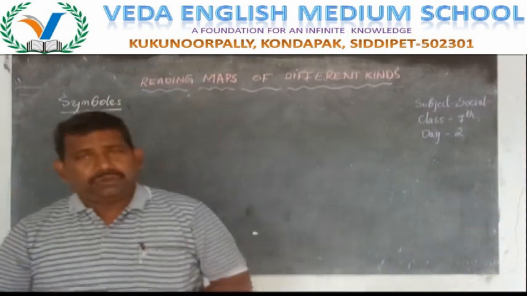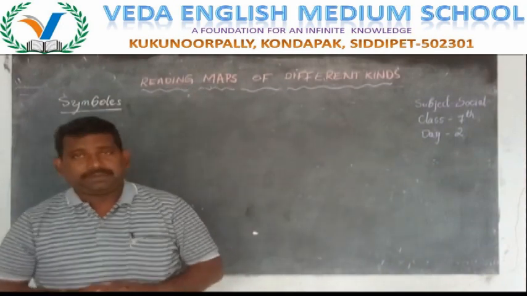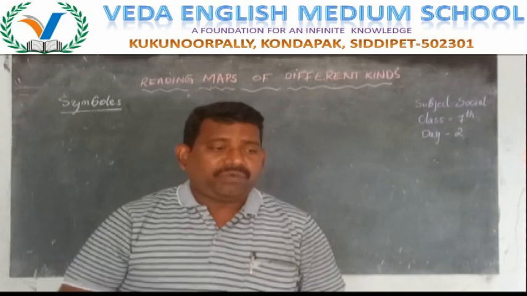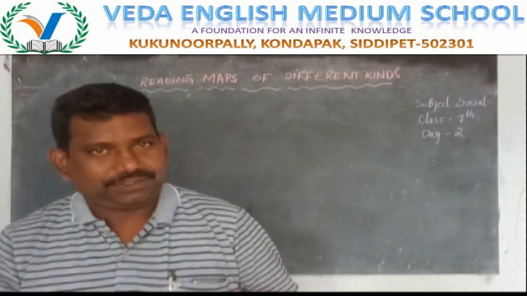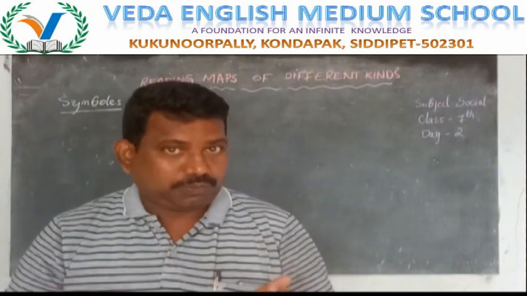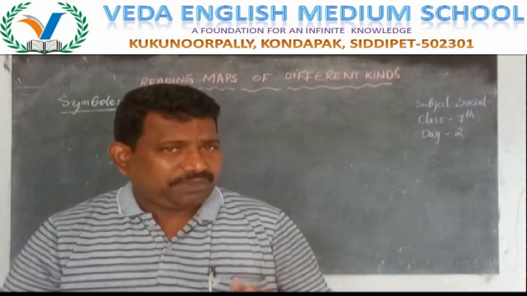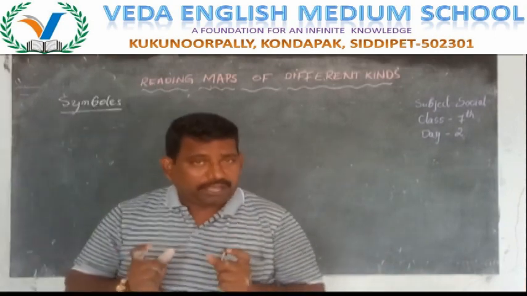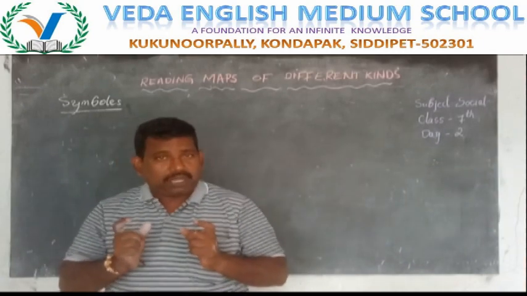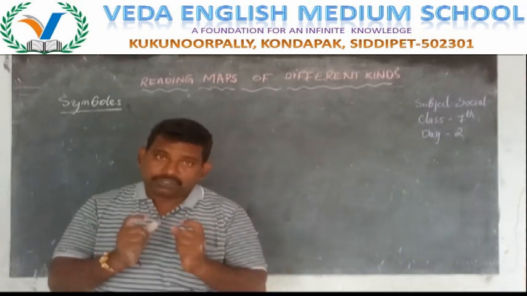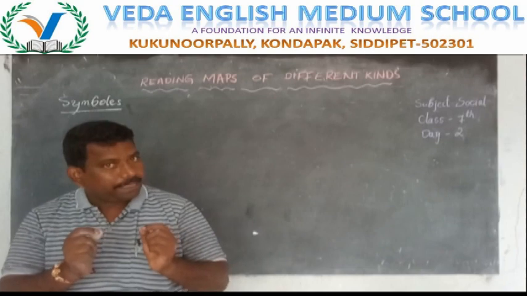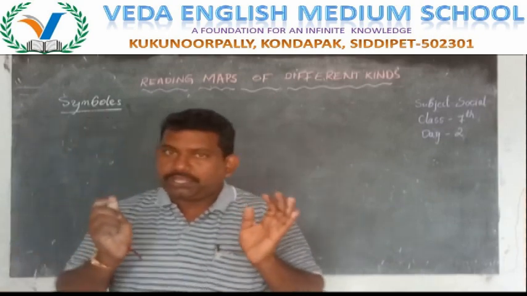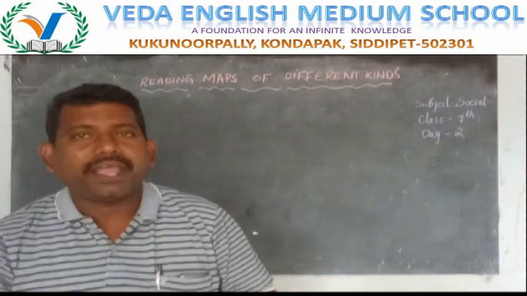So why do we use symbols on a map? You usually observe the maps. Maps are very small. So is it possible to show the actual size of the things on the map? No, it is not possible. Why?